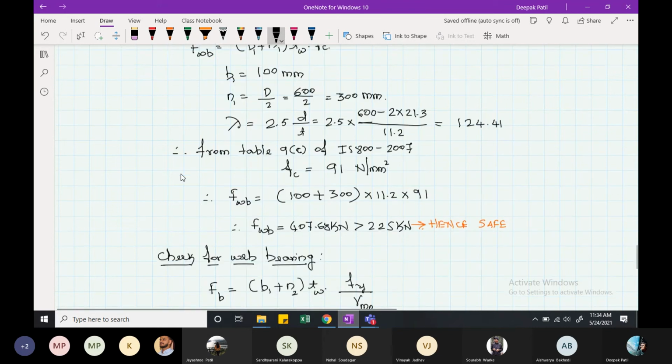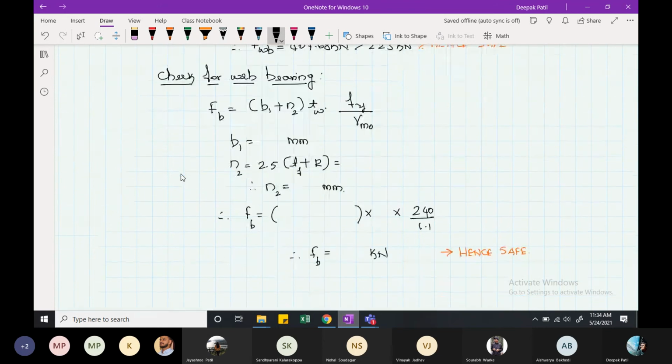Then to check for web bearing. So B1 will remain same, that is 100 millimeters itself. N2 will be 2.5 times the thickness of flange, which is 21.3, and the root radius is 17. You can get this from the steel table. This is 95.75 millimeters.